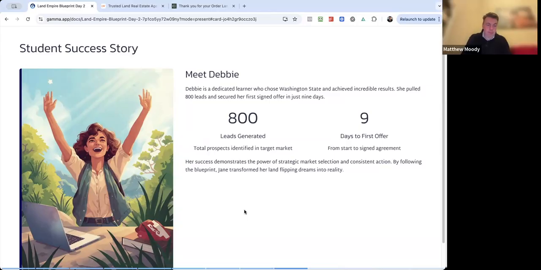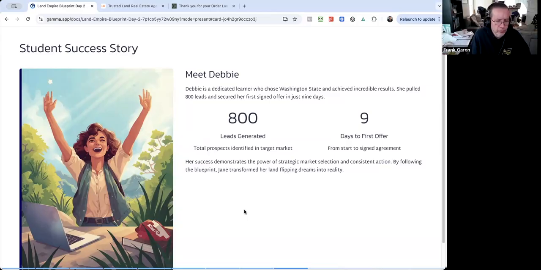Will your mileage vary? Sure, we've had people do it first day out, had people take a little longer. But her success does demonstrate the power of really using strategic insight to choose your market selection. More importantly, it shows you that with consistent action, the universe rewards you.